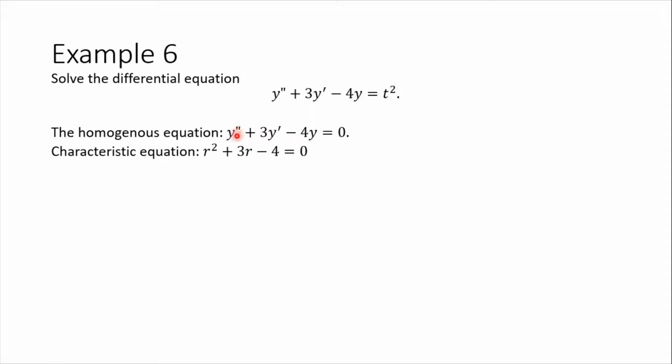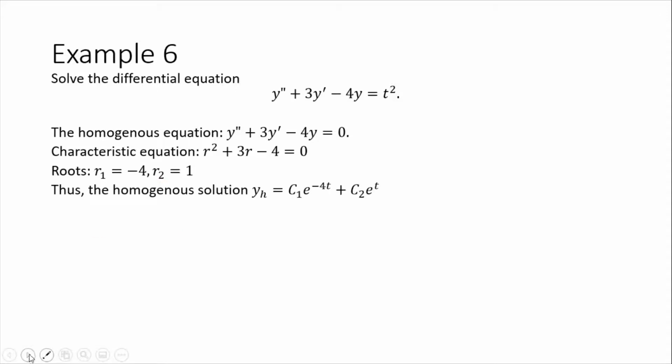And then we have the characteristic equation r squared plus 3r minus 4. If we factorize, it will be (r plus 4) times (r minus 1), and we have the roots minus 4 and 1. Okay, the homogeneous solution will be this one, right?